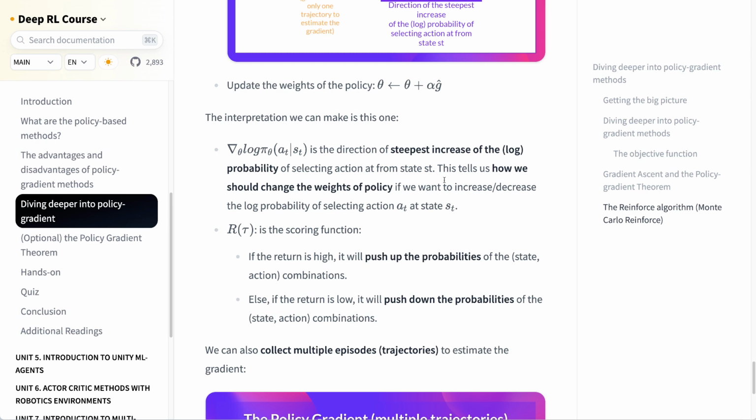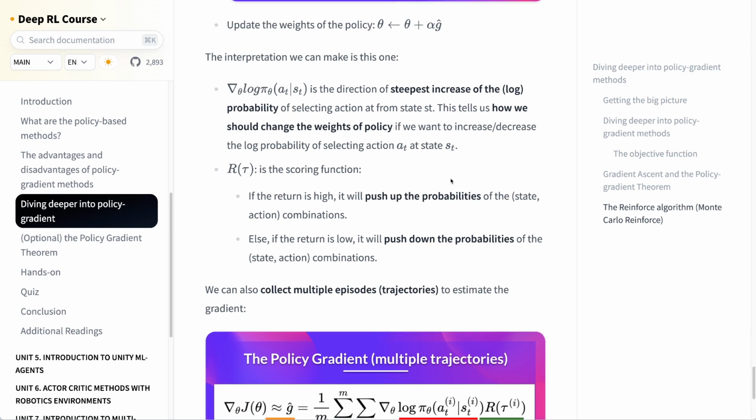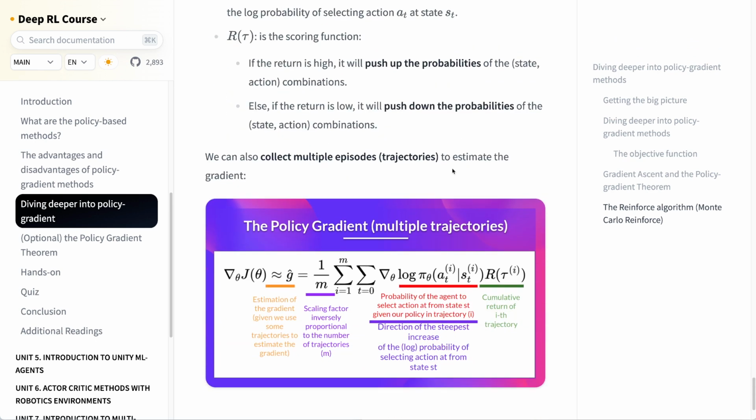If the return is high, it will push up the probabilities of the state action combinations. Else, if the return is low, it will push down the probabilities of the state action combinations. We can also collect multiple episodes or trajectories to estimate the gradient.